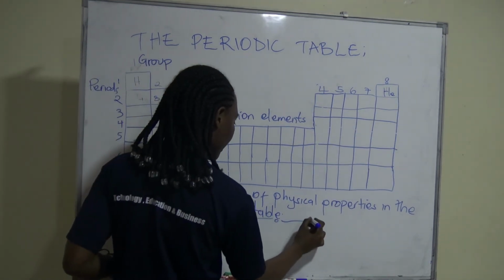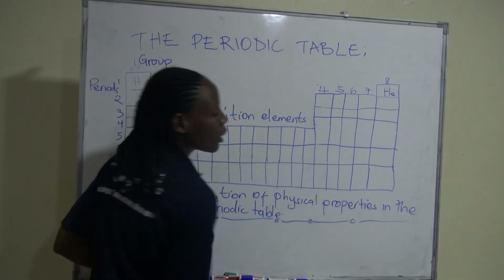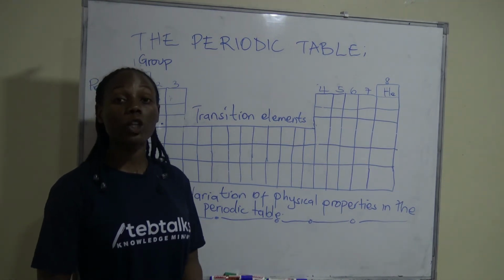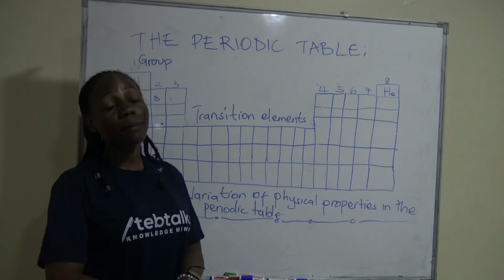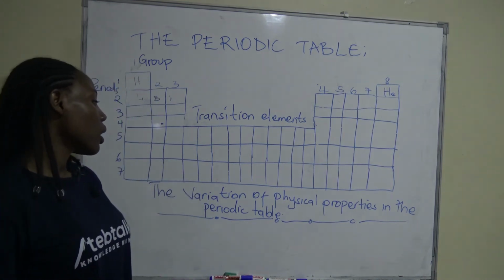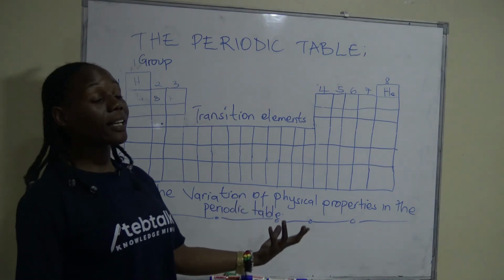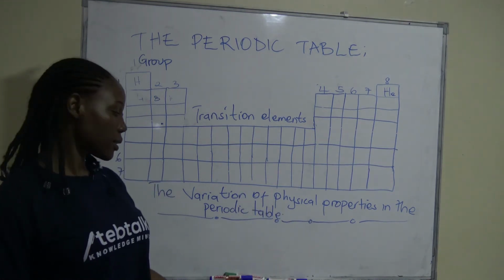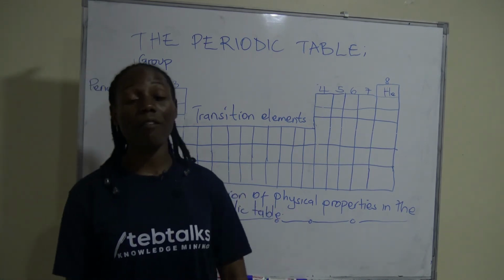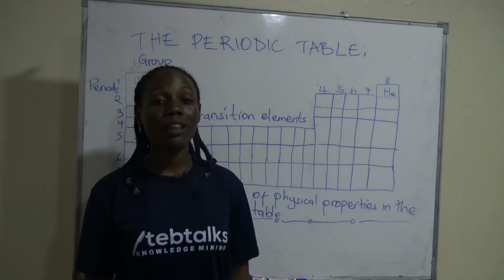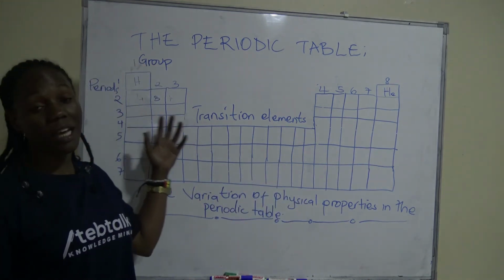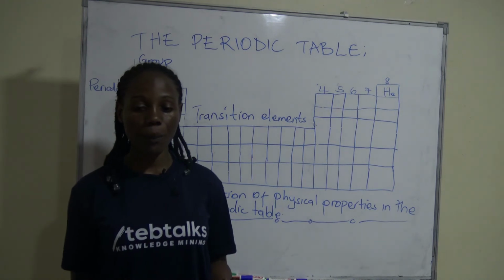Because when we say physical, that means that it is something that is there for a shorter time, and after some time it would go back to its original shape. Then when we say property, it is what you possess. So we are going to look at those changes that the periodic table possesses, that the different groups and periods possess.